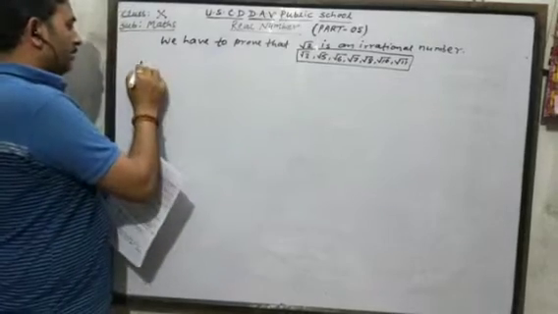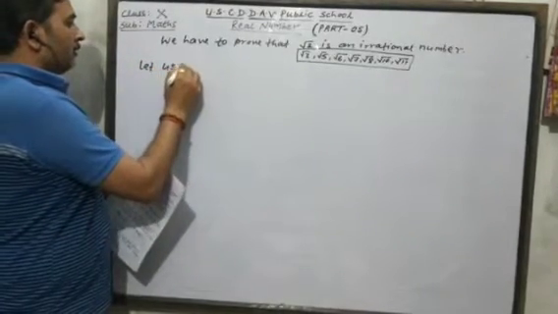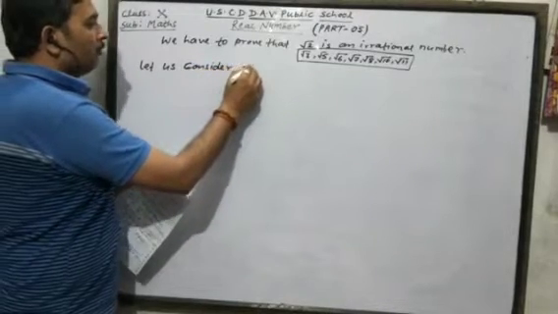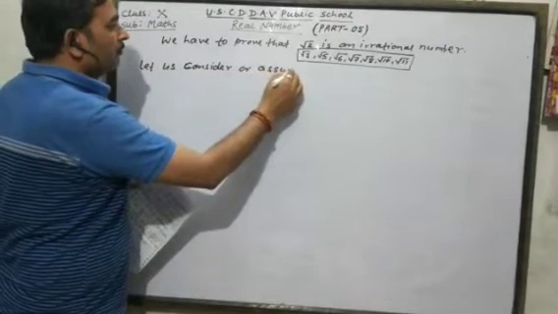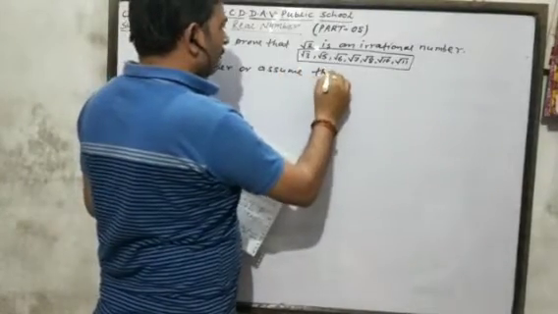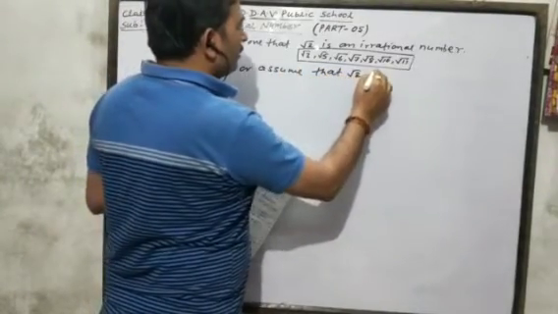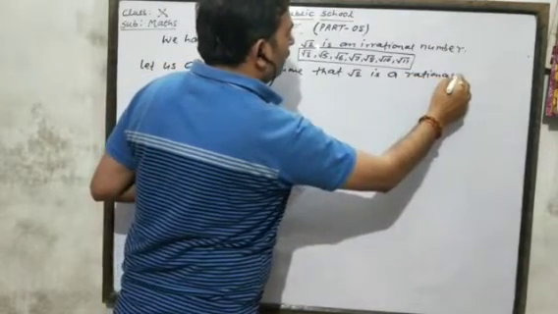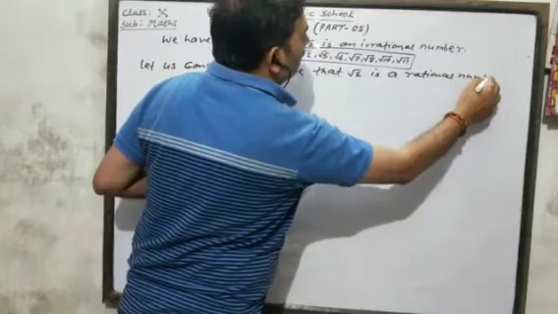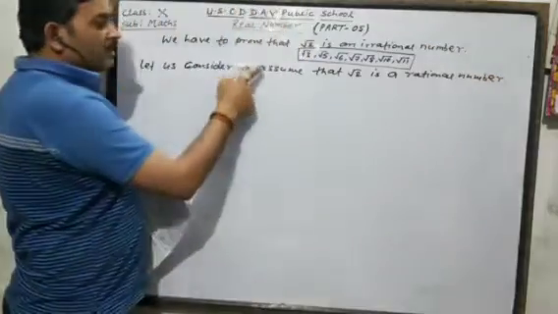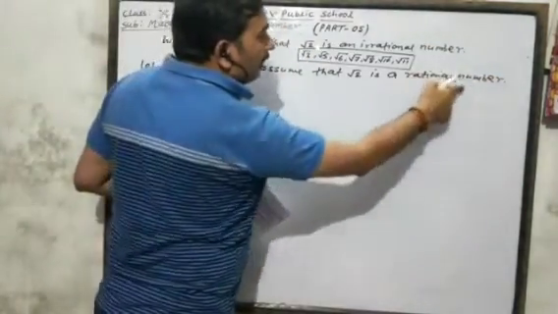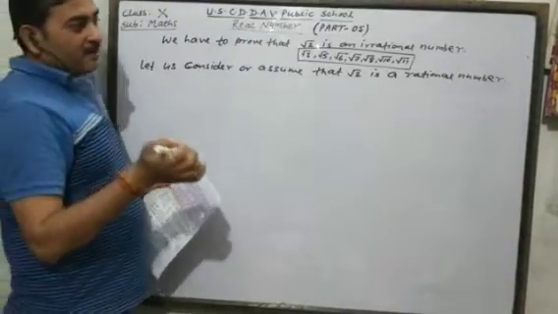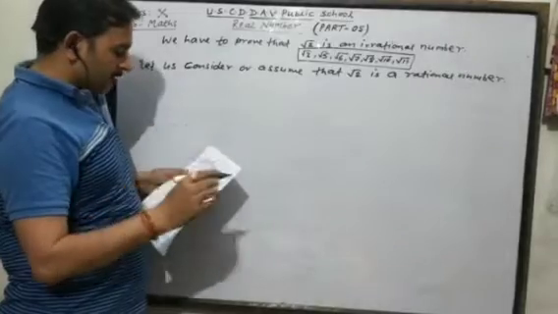So let us consider or assume that root 2 is a rational number. We have assumed that root 2 is a rational number, and we know that every rational number can be expressed in the form of p by q.